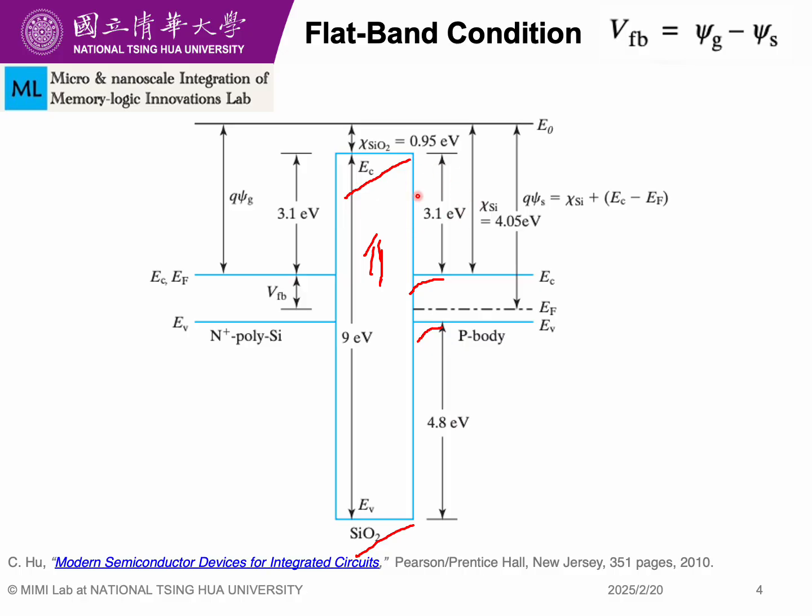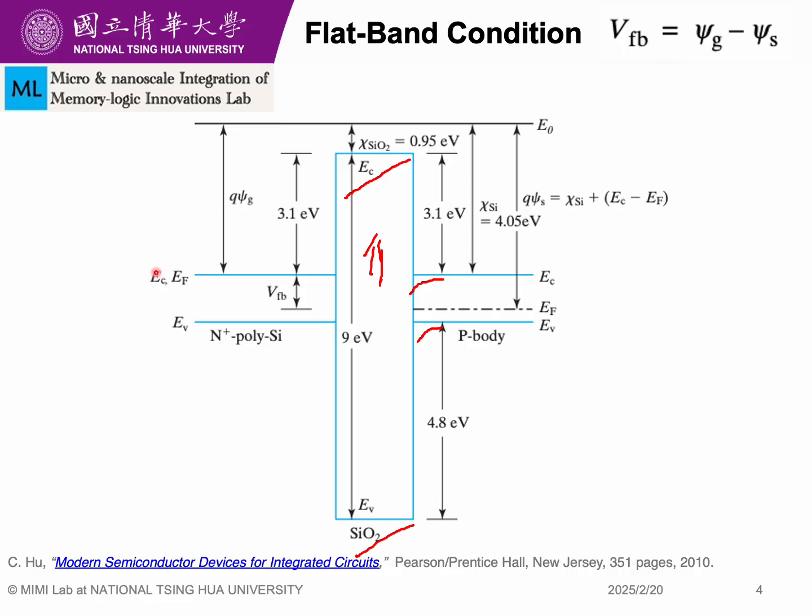This 3.1 electron volts is called the electron energy barrier. And then what is the hole energy barrier? The hole energy barrier is the difference from valence band to valence band. You can see that it has such large energy barriers, and this is why electrons and holes cannot normally pass through the SiO2 gate dielectric.